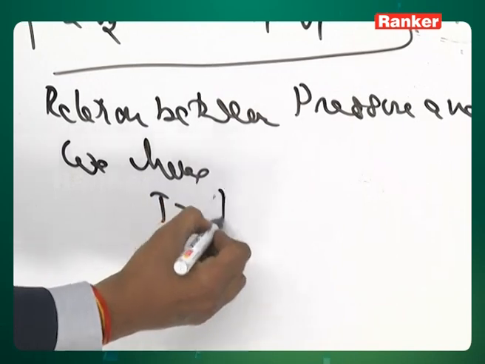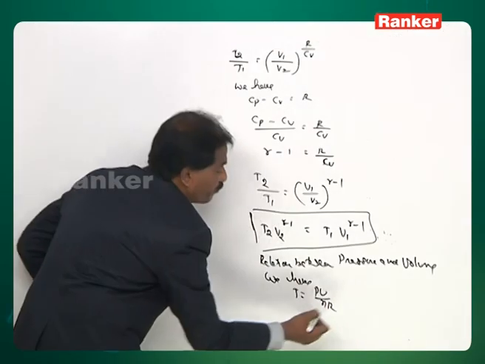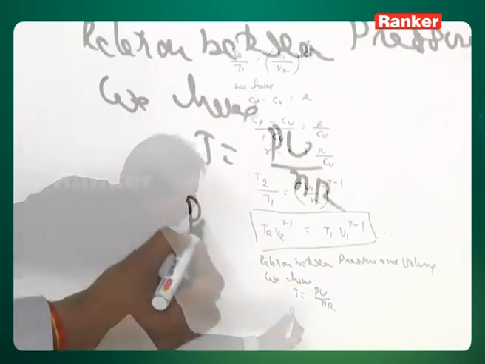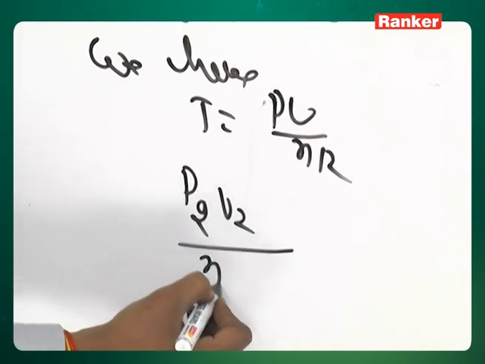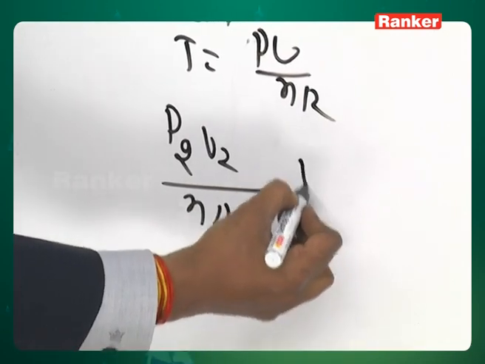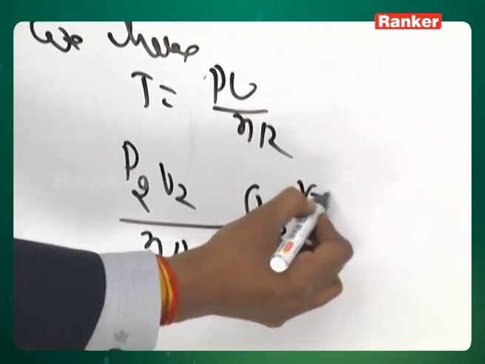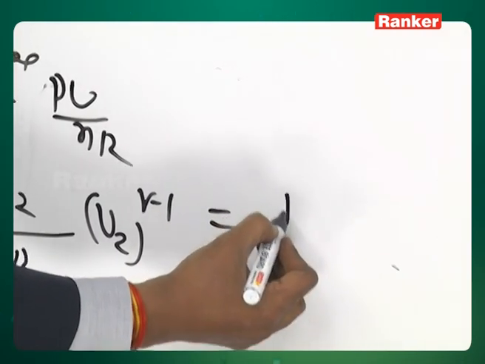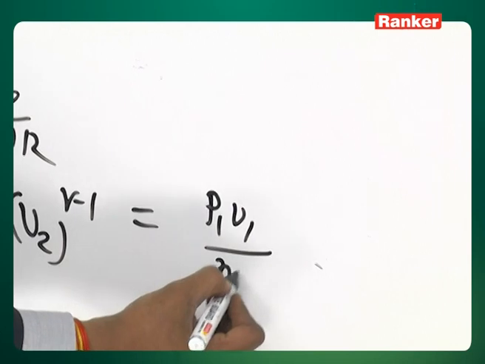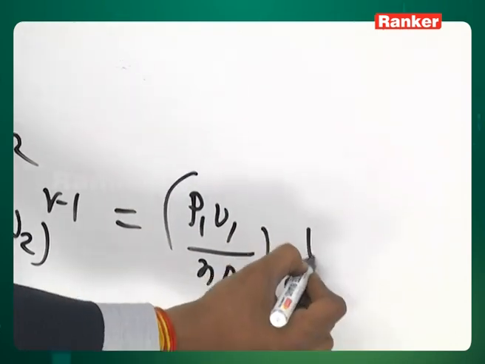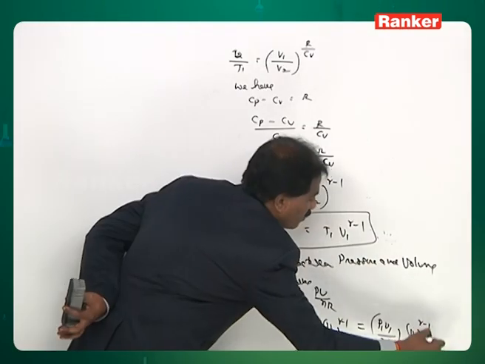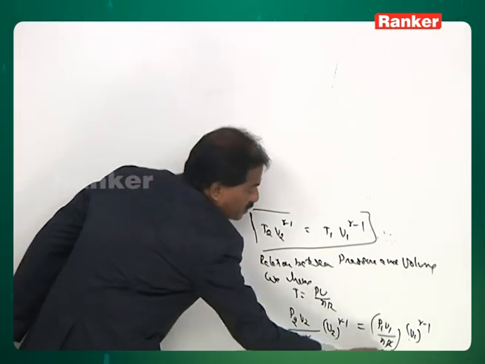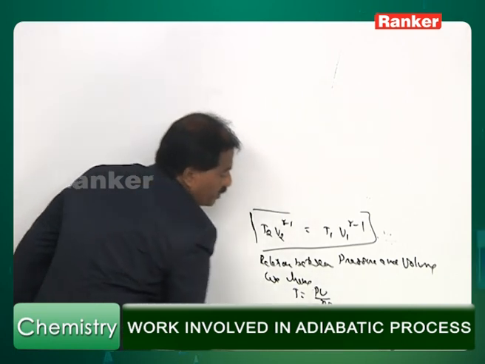Now, we have temperature is equal to PV upon nR. Therefore, in place of T2 we can put P2 V2 upon nR, next V2 raised to the power gamma minus 1. Here in place of T1 we can put P1 V1 upon nR, then V1 raised to the power gamma minus 1. Next, for a given gas R remains constant, and the quantity of the gas will remain constant.